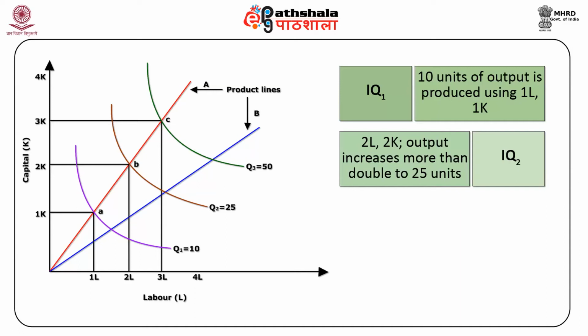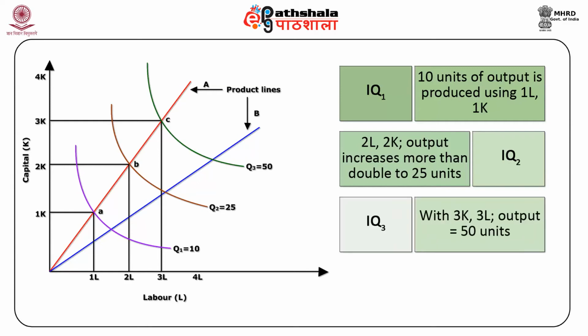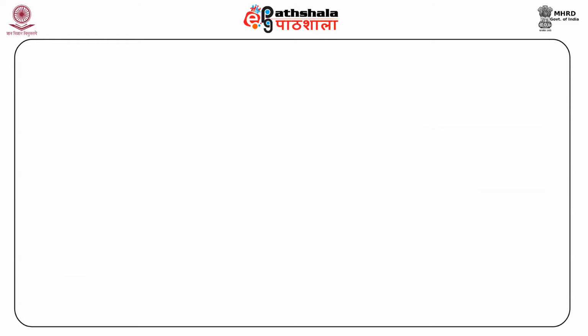Similarly, when the labor and capital were again increased by 1 more unit, then the output depicted by IQ3 was increased to 50 instead of 30 units.